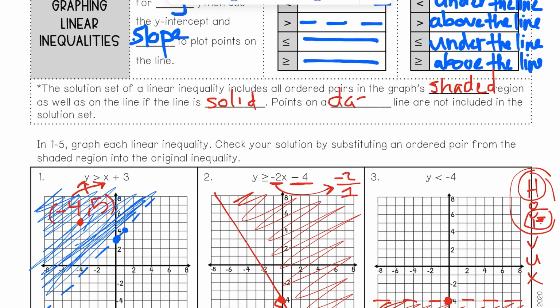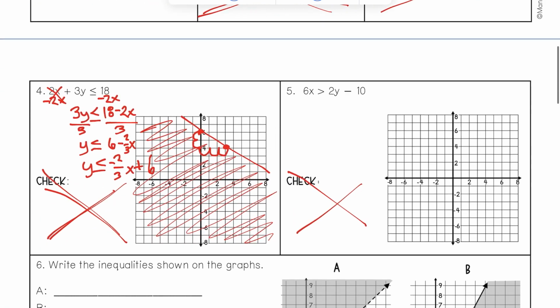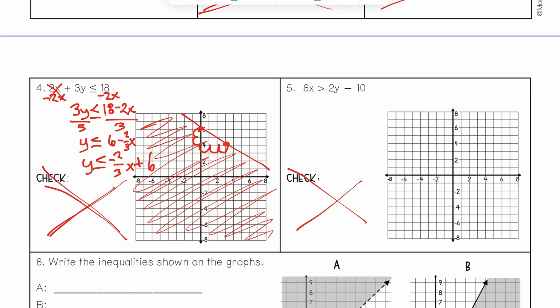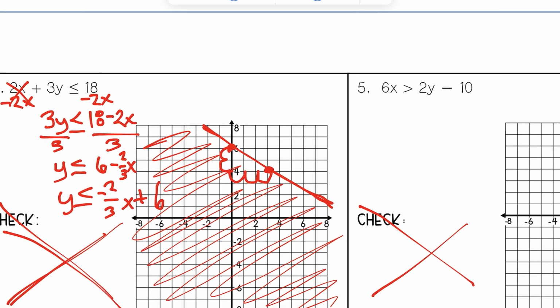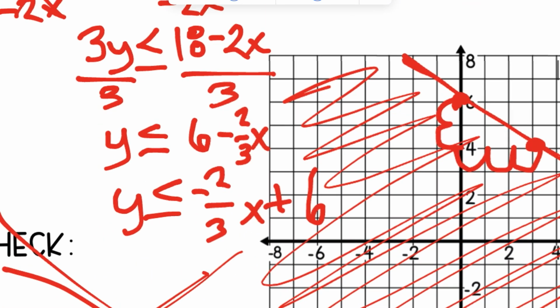Points on a dashed line are not included in the solution set. So when I have this solid line, that means that every point on this line is included as a solution. They are part of the overall solution set for this inequality.